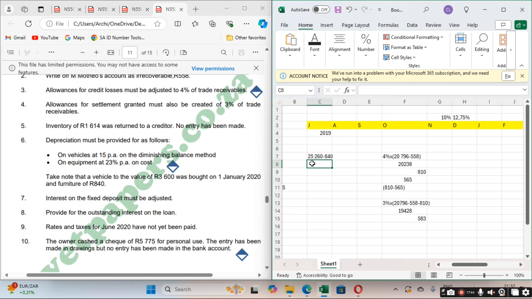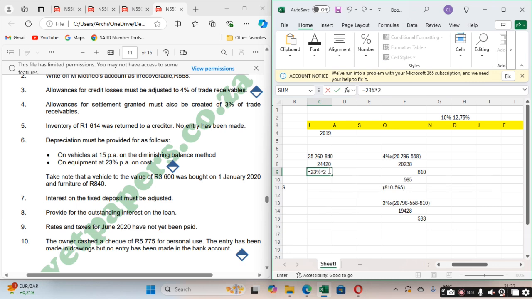And then after that, let me just do this quickly. So it's 25,260 minus 840. And then you get this, and then you say is equals to, is it 23%?